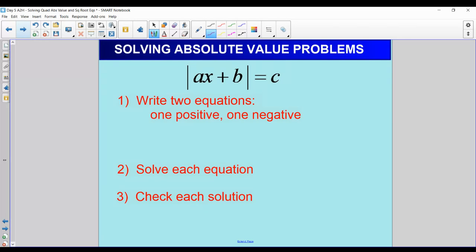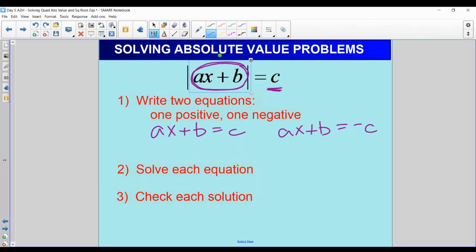So what we're going to do each time we set up an absolute value problem to solve is take what's on the inside and set it equal to what's on the outside. But I'm going to set up a second problem where I take what's on the inside of the absolute value and set it equal to the opposite of what's on the outside.